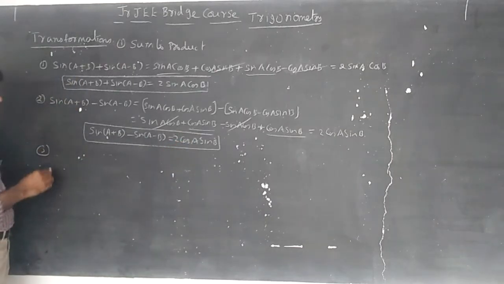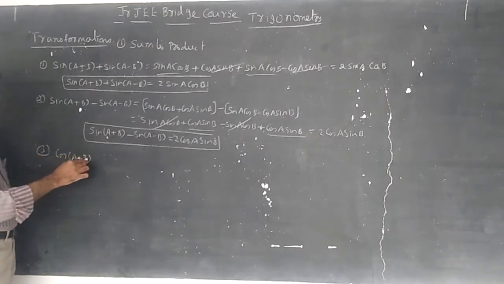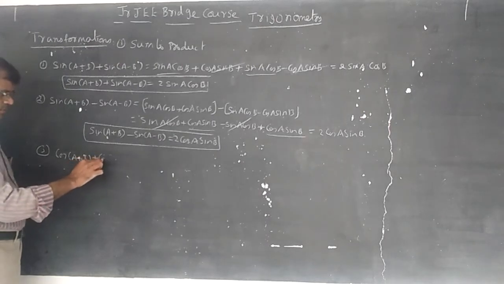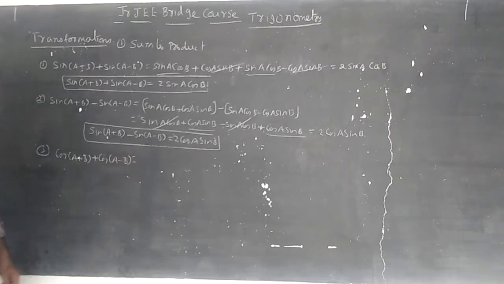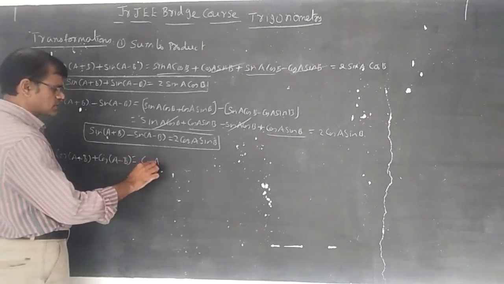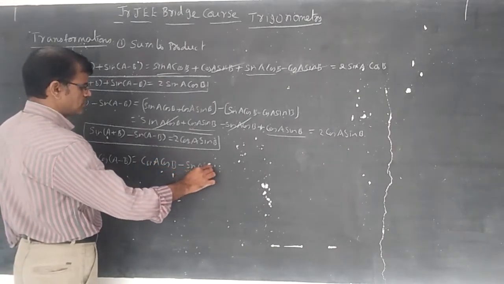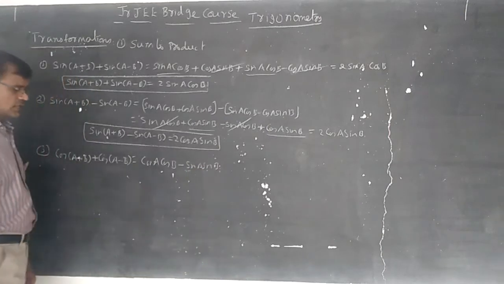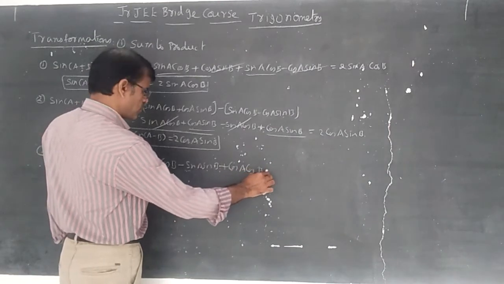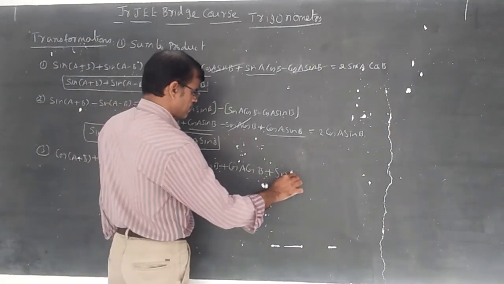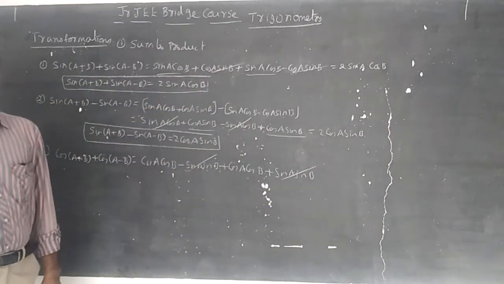Third one, cos of A plus B plus cos of A minus B. We can write the formula cos of A plus B as cos A cos B minus sin A sin B, plus cos A cos B plus sin A sin B. Sin A sin B, plus and minus, will get cancelled.